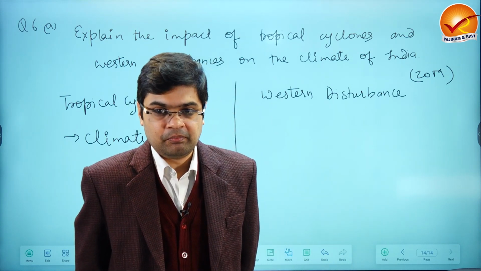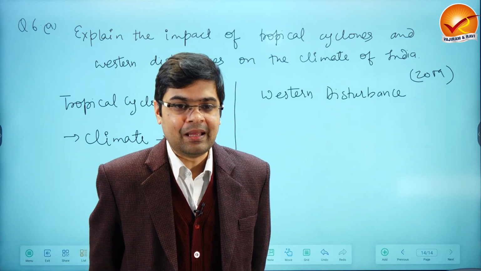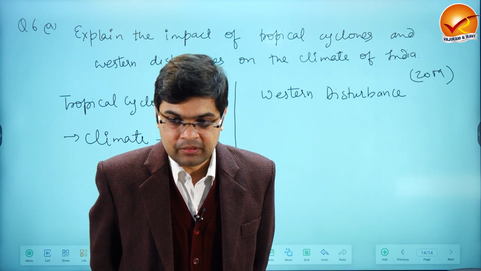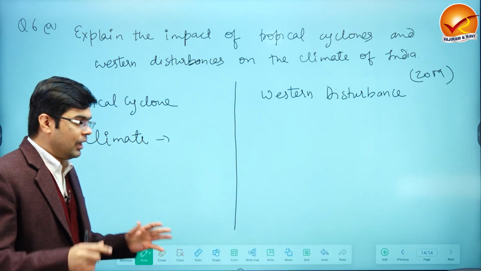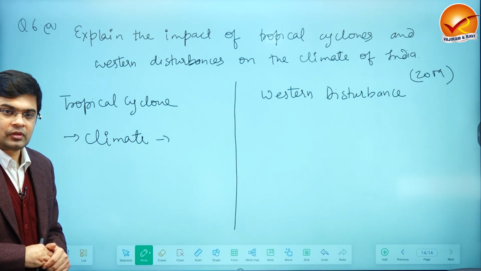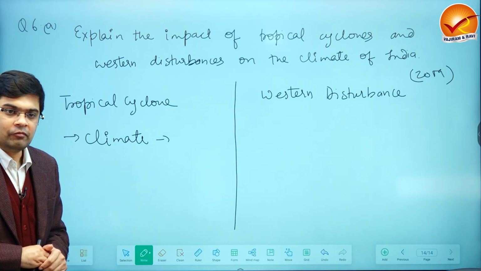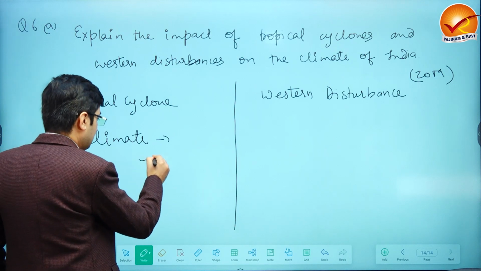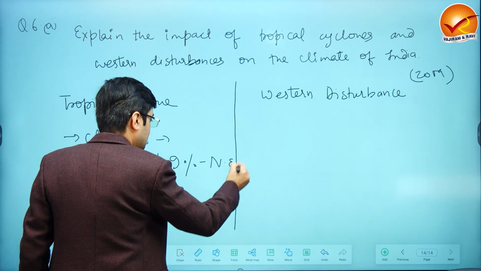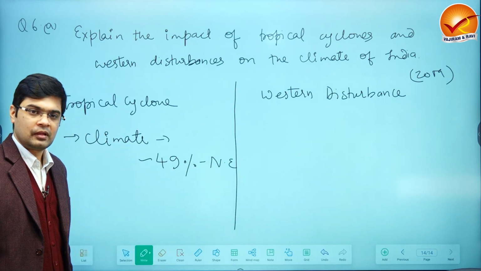See, one is that when we talk about the climate, if I look at the reasons for rainfall in the peninsular parts of India, suppose I talk about Tamil Nadu, we say approximately 49% of the rainfall in Tamil Nadu is from the northeast monsoon. Okay?